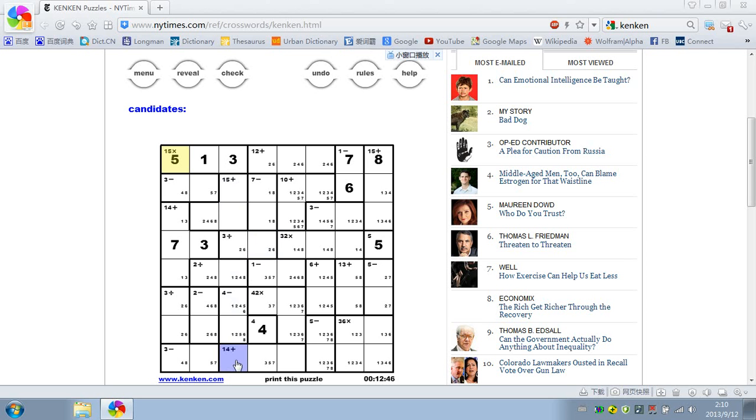If it appears here, then it will be 5, 8, so it's 3. So if 7 appears here, this will be 5, this will be 8, and this has to be 3, and this has to be 4, which cannot happen.